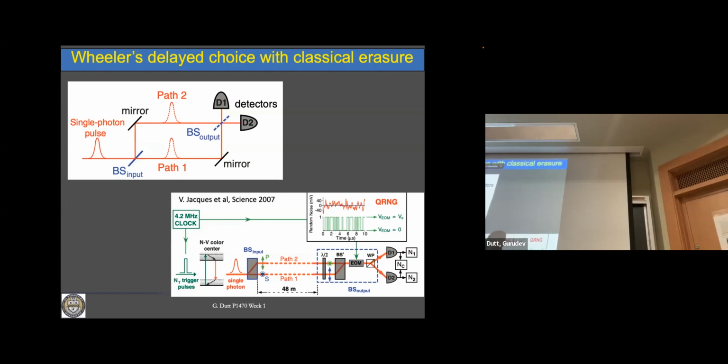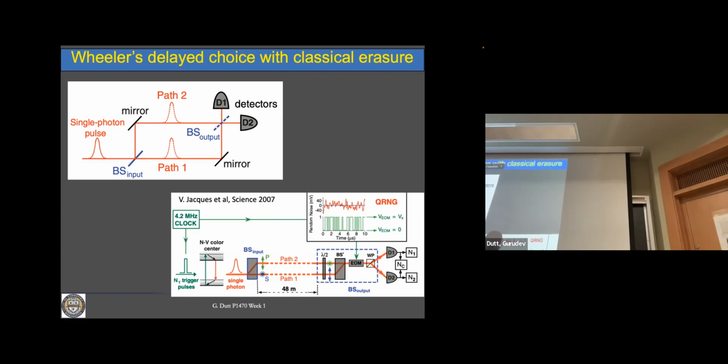First imagine that there's no beam splitter over here. Then if light takes path 1, it'll always end up in detector 1, because there's no beam splitter here. If light takes path 2, it'll always end up in detector 2. So the presence of a click in 0 or 1 tells us which path the light took.